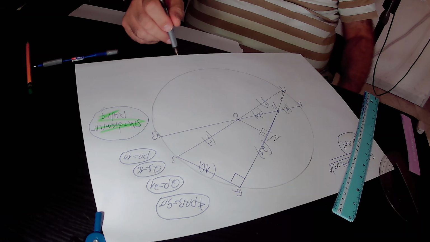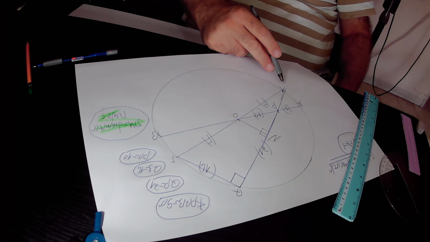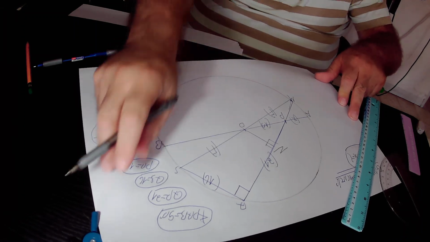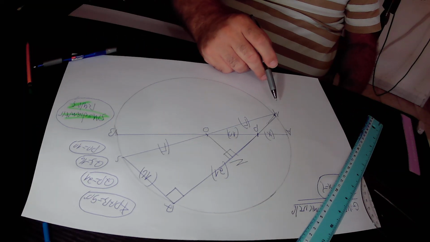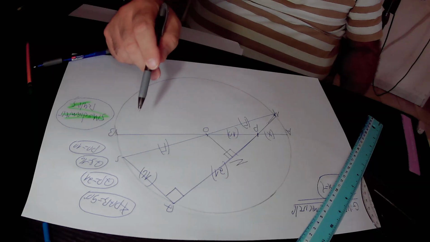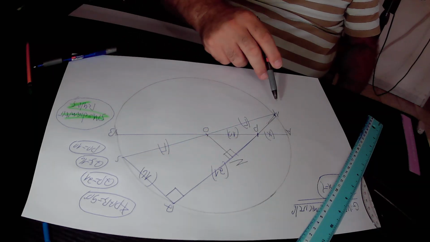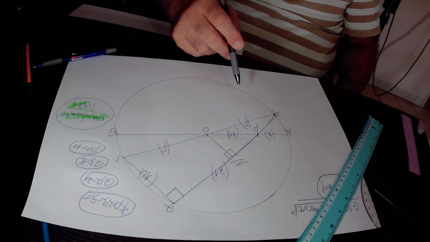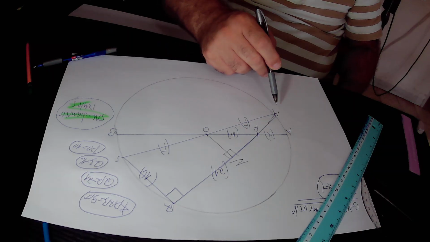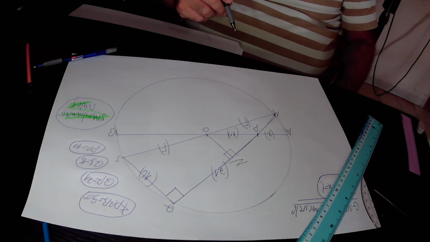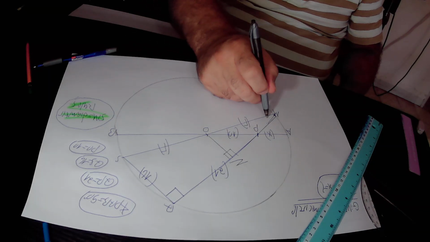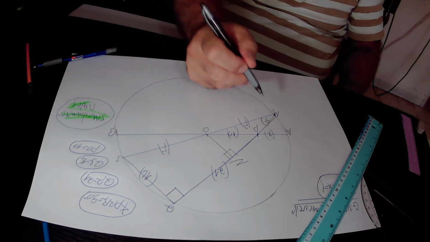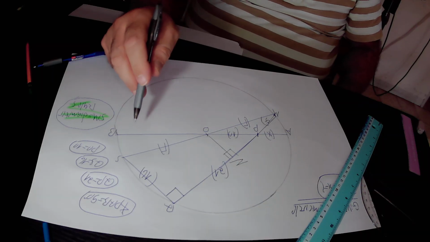The next step, we will focus on this angle M. This is angle M, a common angle that belongs to both triangles. Angle M belongs to the big right triangle, triangle SQM, and also to the small right triangle, triangle ONM. We define the size of angle M as alpha, and we focus on the big right triangle SQM.